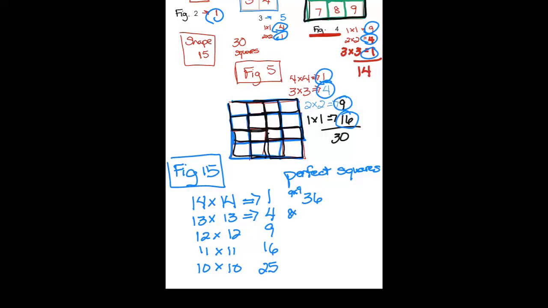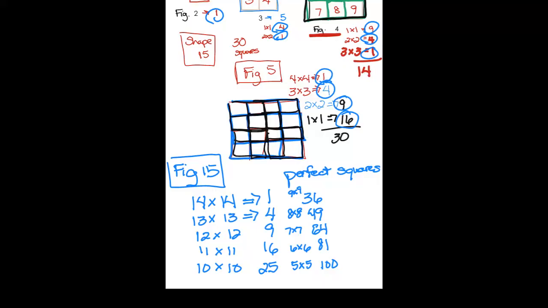And 8 by 8s would be a little faster. 49. 7 by 7s would be 64, 8 times 8. 6 by 6, how many? 81. 5 by 5s, there would be 100.